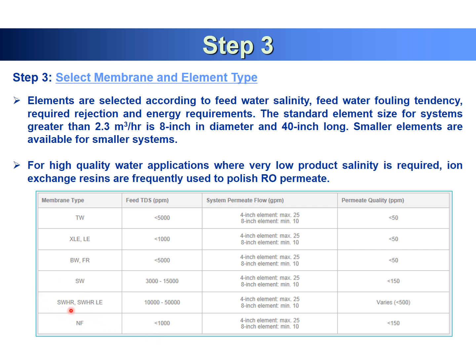Seawater, SW, high rejection, SWHR, you can apply from 10,000 to 50,000 mg per liter. Seawater SW membrane is 3,000 to 15,000 ppm. PW is less than 5,000 ppm. Also XLE, brackish groundwater, or TW less than 5,000 ppm.